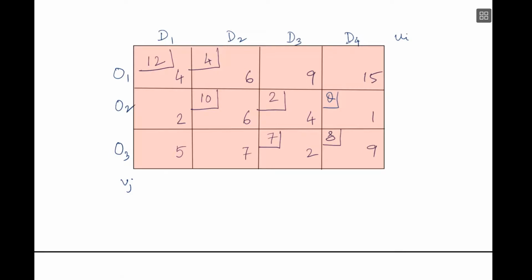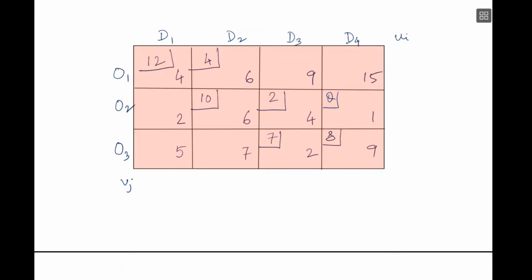Then along the rows and the columns theta is to be adjusted, because the supply from the origin O2 was total 12. If we allocate theta in the cell 2,4, then the total supply at O2 becomes 12 plus theta, so we have to adjust it. Also the demand in the fourth column has become 8 plus theta, so we have also to adjust it.